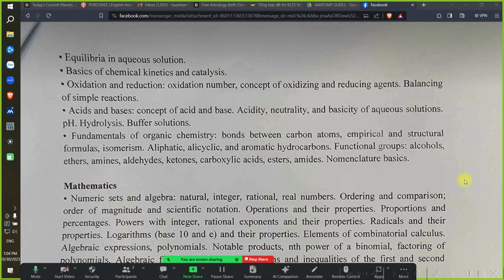So geometric isomerism is popularly known as cis-trans isomerism. For example, we have, this one is kind of hard to explain by words, but like we have acyclic. What do we have?